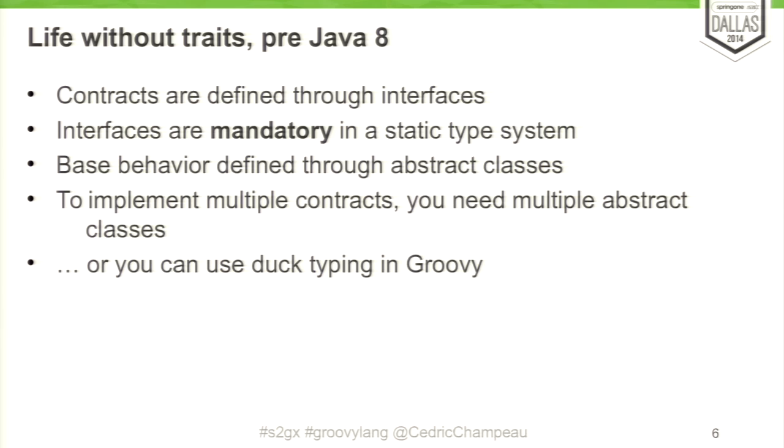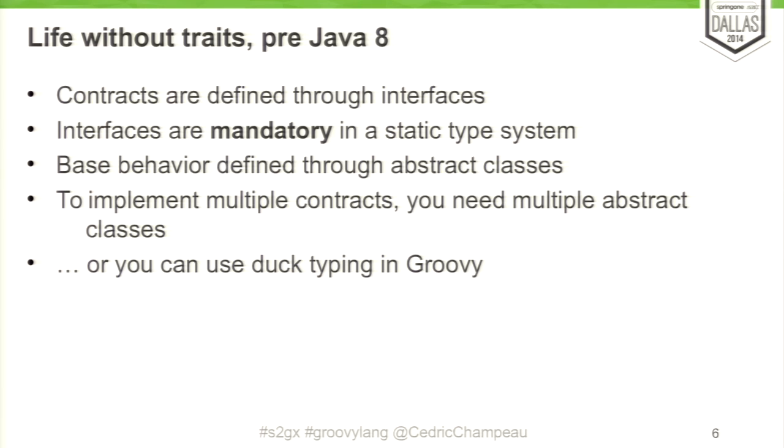That's cool. But the problem is, what if you want to have a basic implementation of that interface that you want to share? The answer, in general, is an abstract class. OK, that works. But what if you want to share multiple default interfaces?